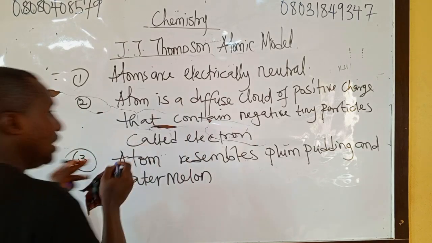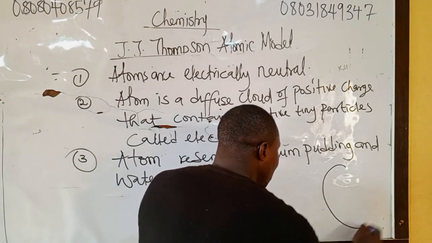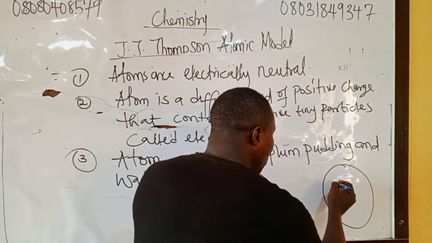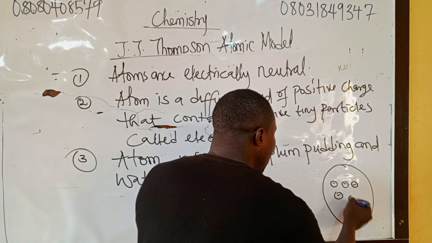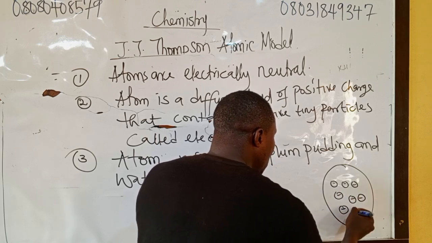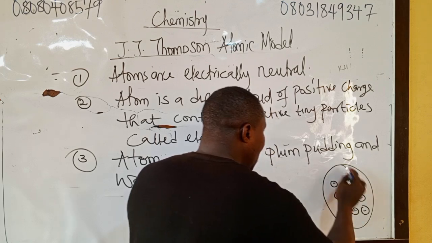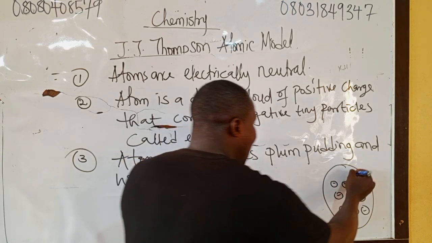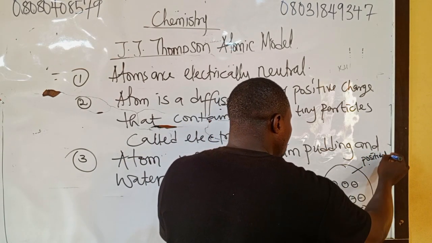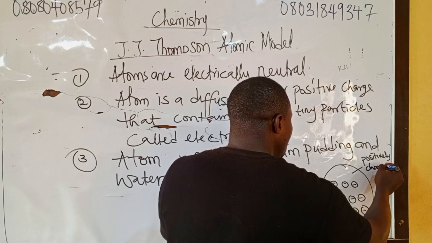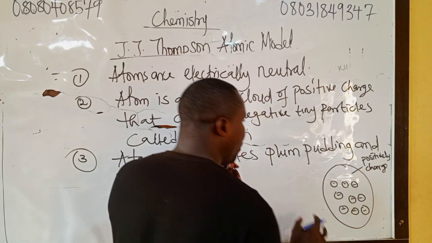That means he said you have something like this, then this is an atom that contains tiny negative particles, which are called electrons. They are embedded in the atom, and the whole atom itself is positively charged.